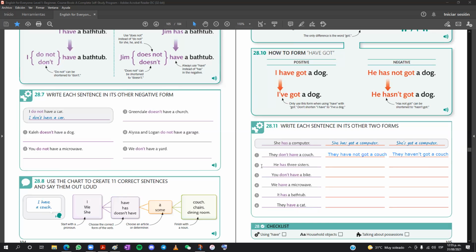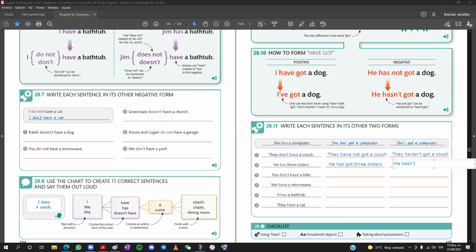Ok. La segunda. ¿Quién la quiere hacer? He has got three sisters.